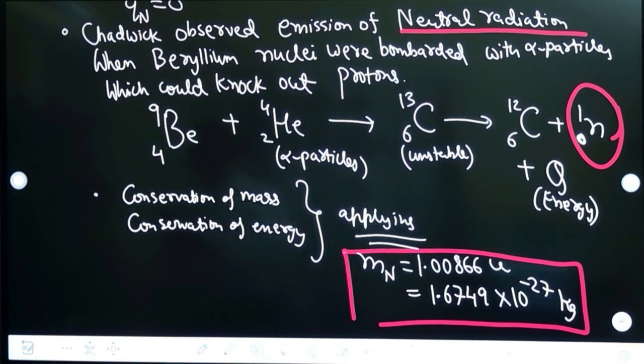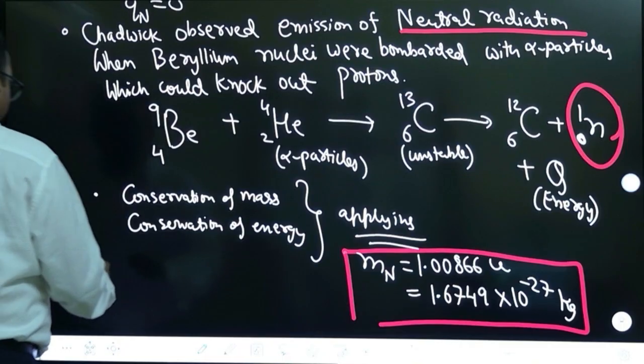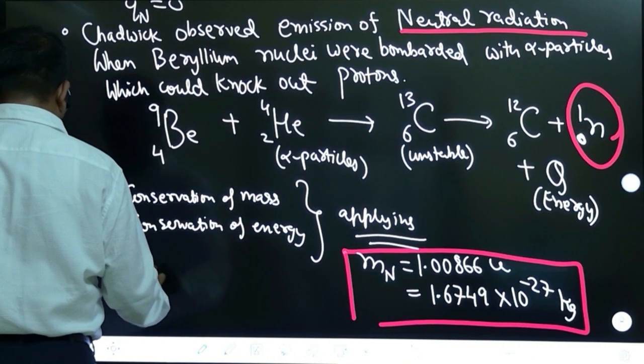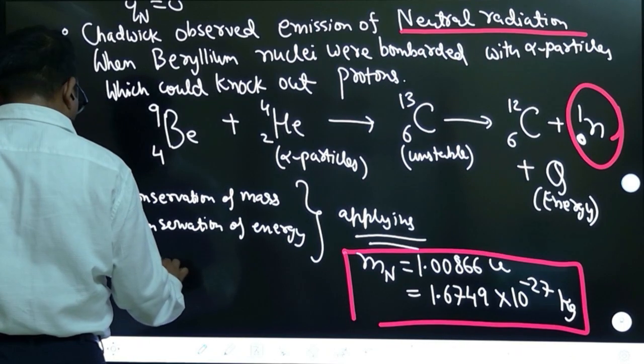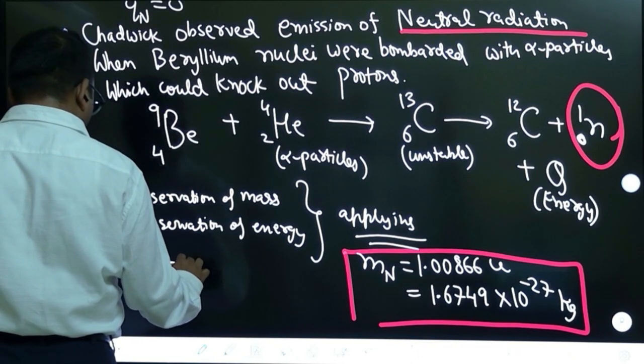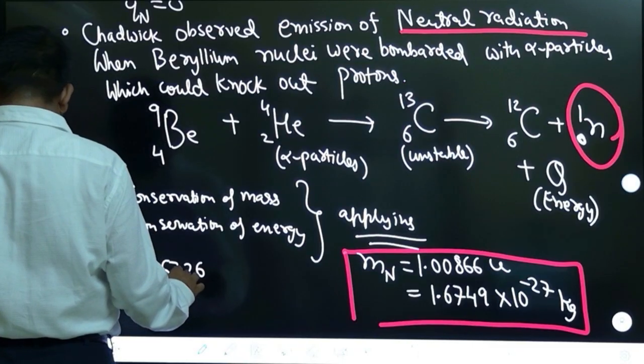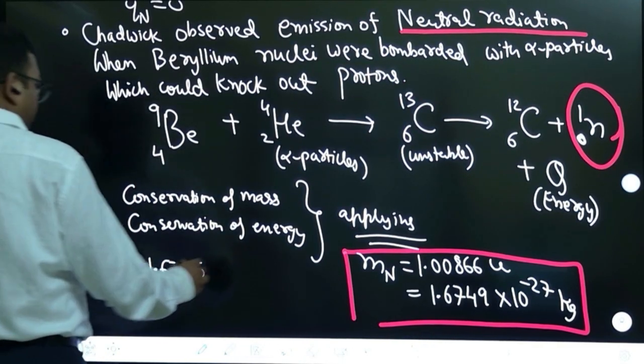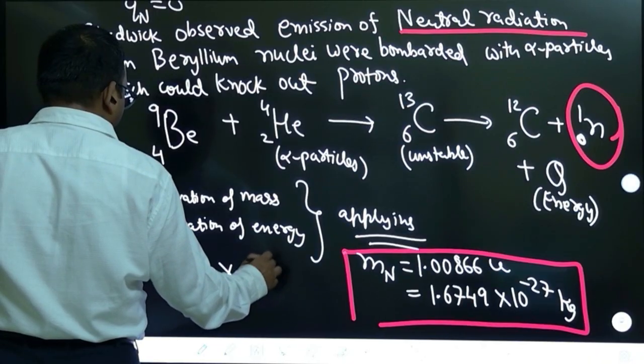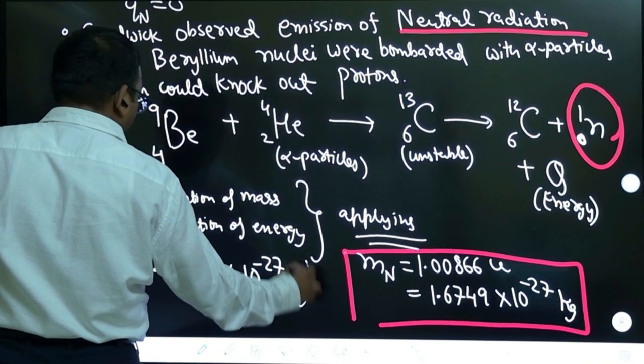What is proton mass? Let's write mass of proton: 1.6726. Up to that much you remember. Into 10 to the power minus 27 kg.